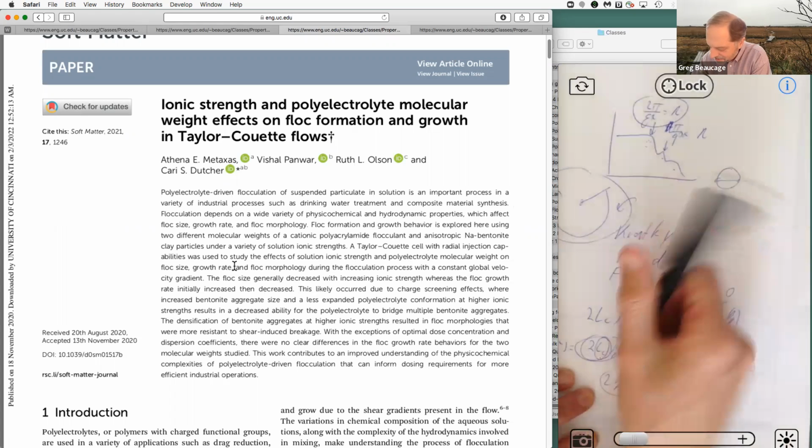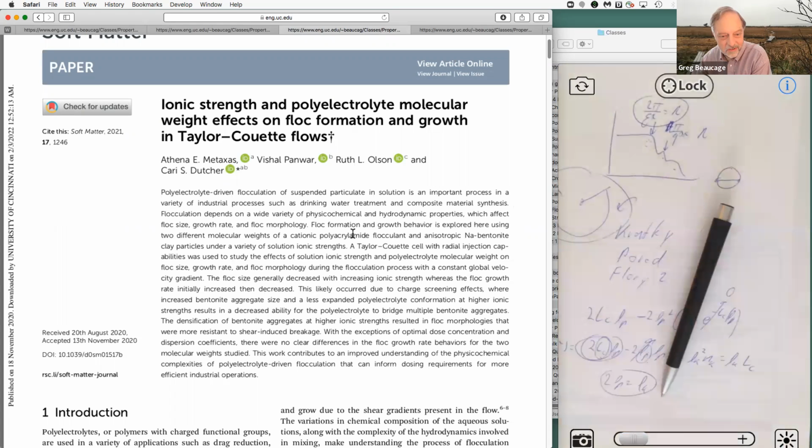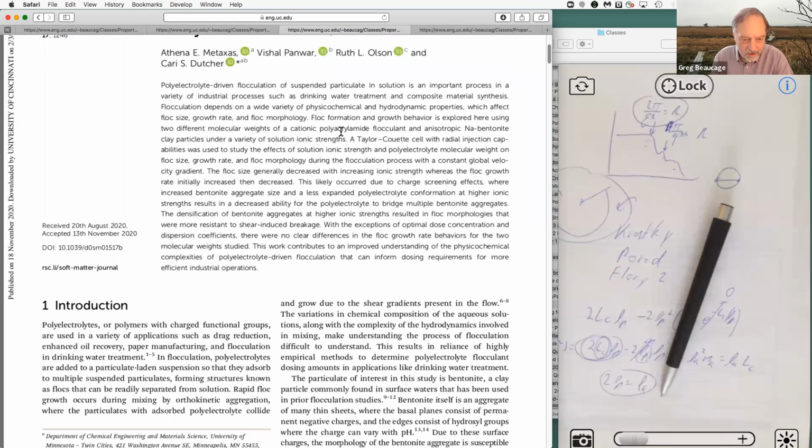They probably don't use polyacrylamide because that's a carcinogen, or at least the monomers are carcinogens, so they don't usually use that. But this is looking at that kind of thing, flocking out cationic, or, let's see, acrylamide is an anionic polyelectrolyte, so they're flocking out cationic particles.